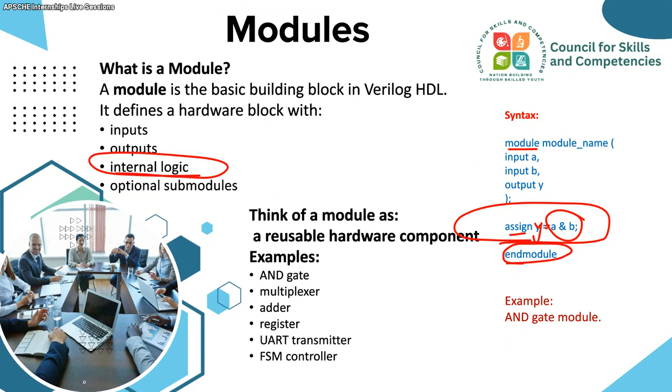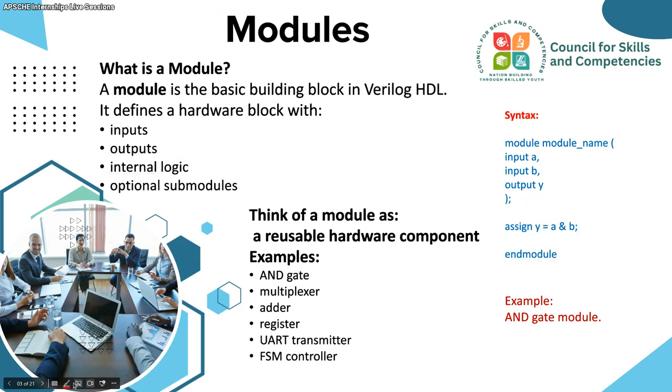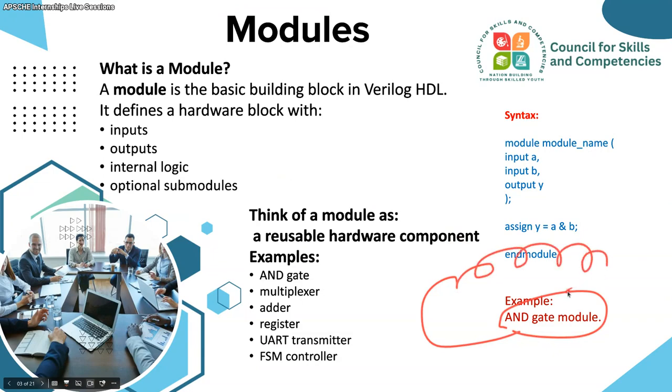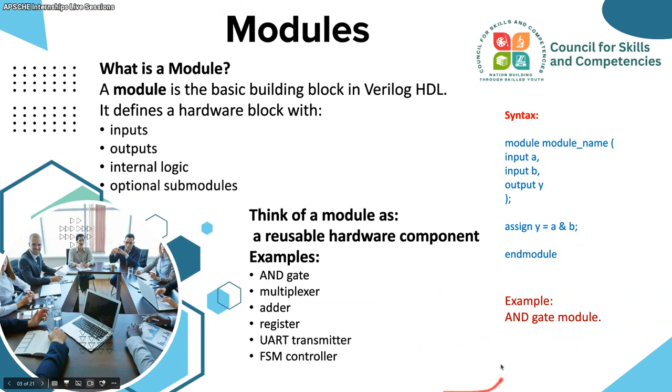So this is the simplest AND gate to explain what a module is. This is an AND gate module. Using this AND gate you can create your 4-bit or 7-bit, however many bits you want.